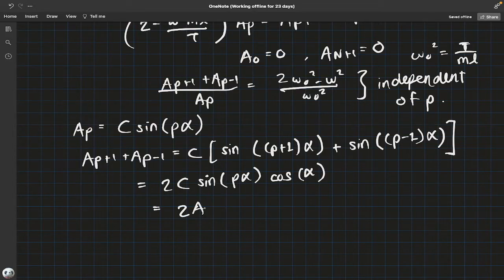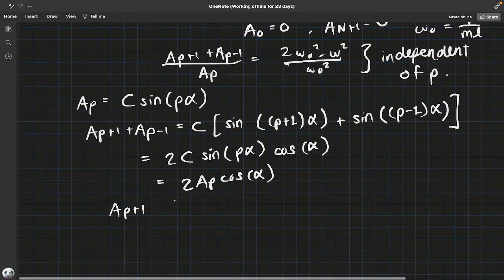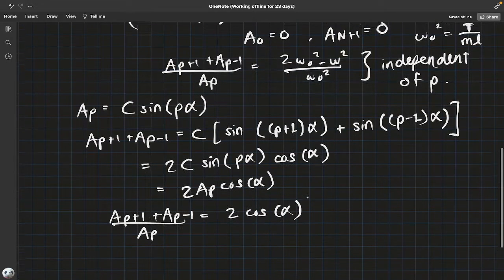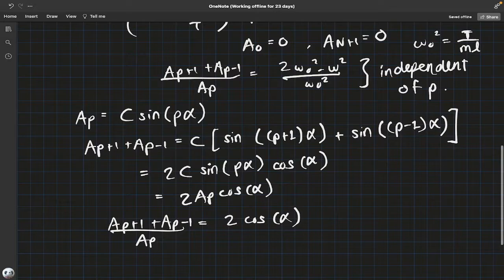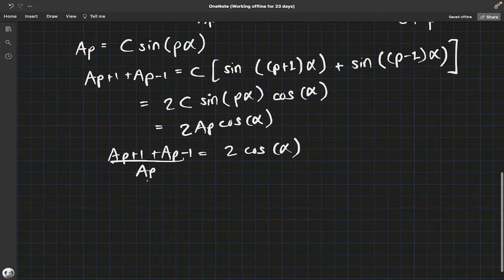So 2 times a_p times cos alpha. So we divide both sides by a_p. We have a sub p plus 1 plus a sub p minus 1 divided by a sub p equals 2 times cosine of alpha. And indeed, this part is really independent of p. So this was a clever observation. If you study trigonometry enough, it might become obvious to you, but it's really hard.